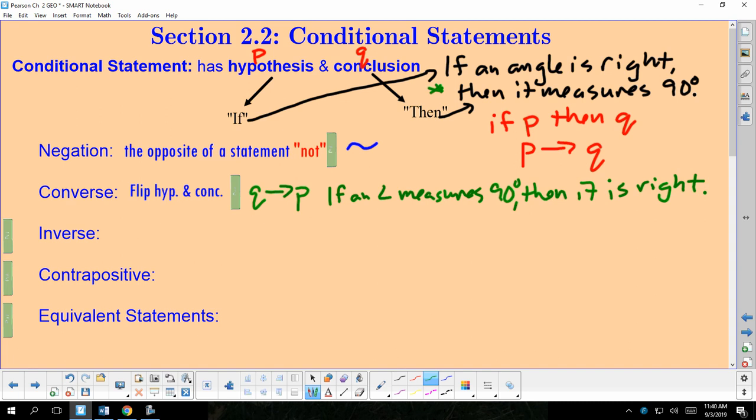Next, the inverse. We're going to negate the hypothesis and the conclusion.